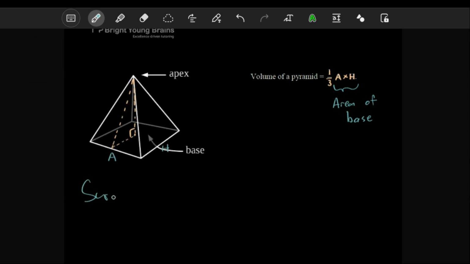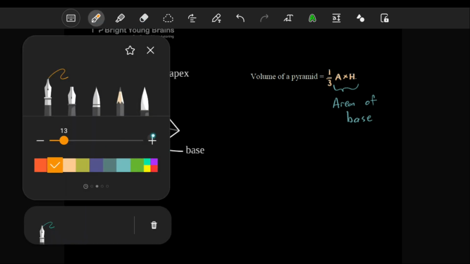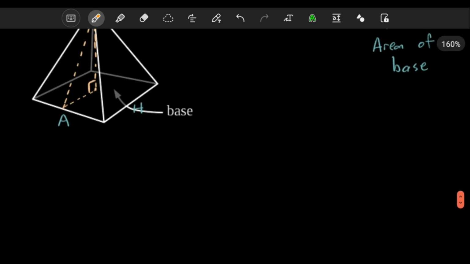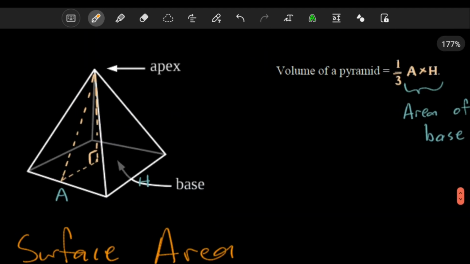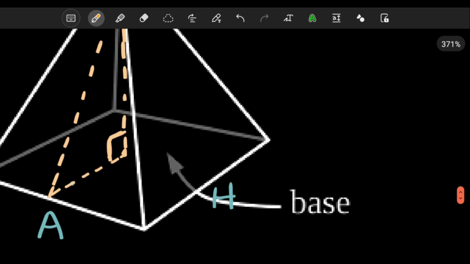So if you're going to work out your surface area, let's keep it with the orange, because I remember all the other ones, we're using the orange for surface area. So let's not exclude this one from the others. So let's see, surface area here, you just have to be careful because you clearly need this distance here.